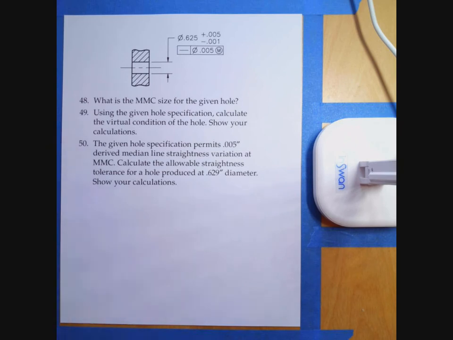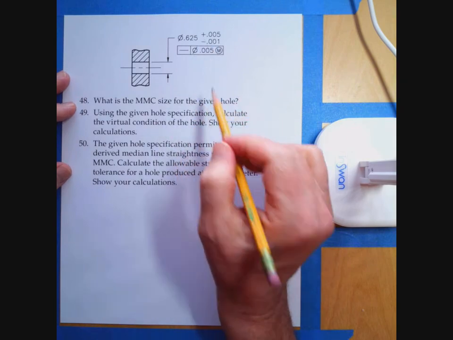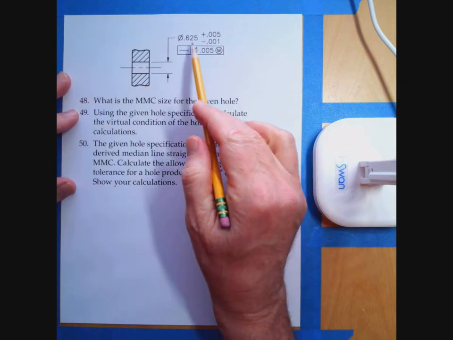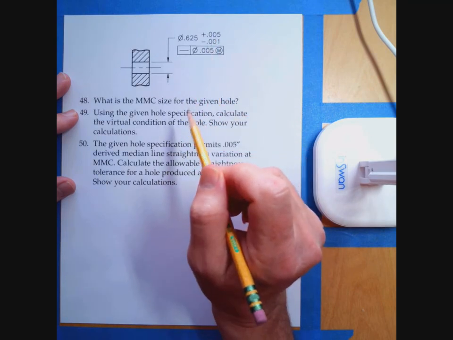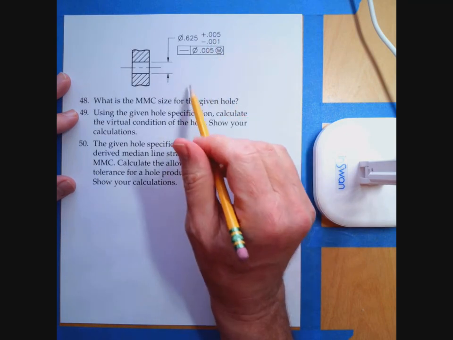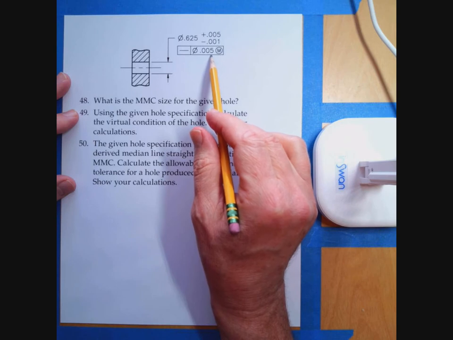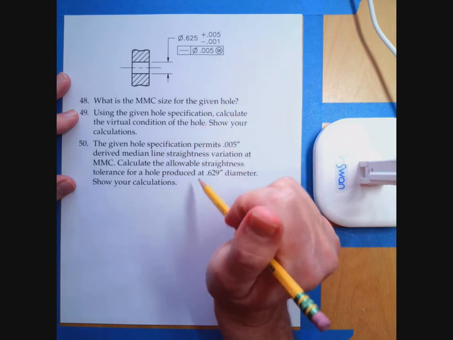And we're going to look at problems 48, 49, and 50. Okay? And it's going to be the same thing. We have a hole 625 plus 5 minus 0. Minus 1 thou. Derived median line straightness of 5 thou at MMC. All right.